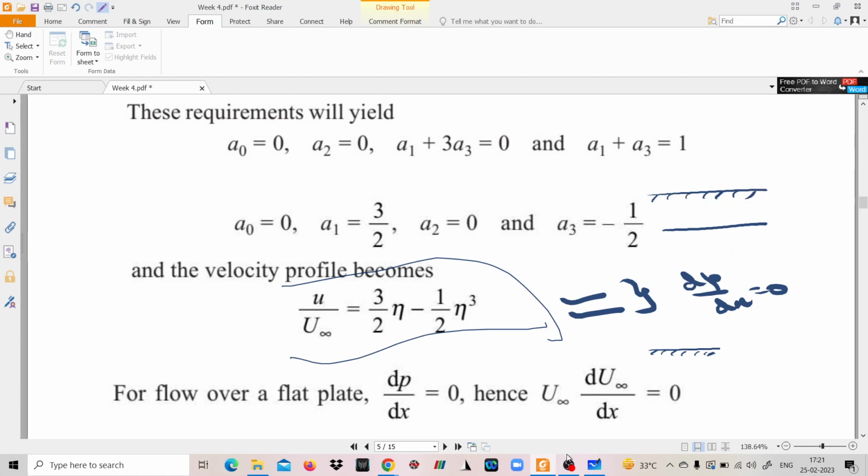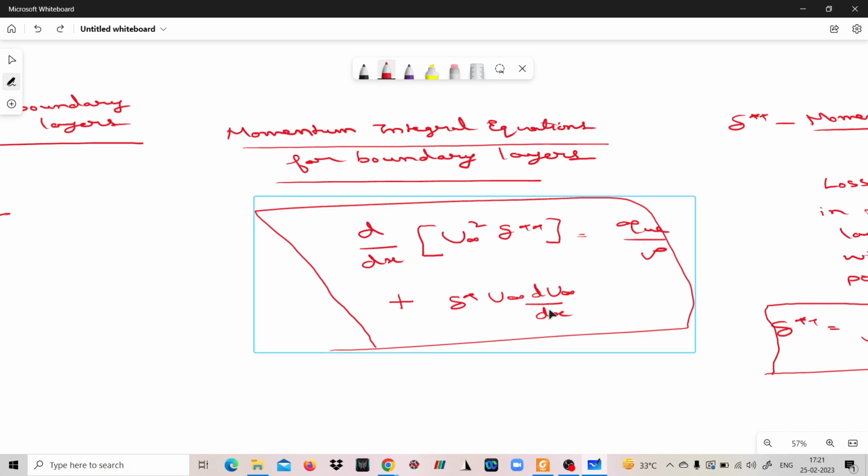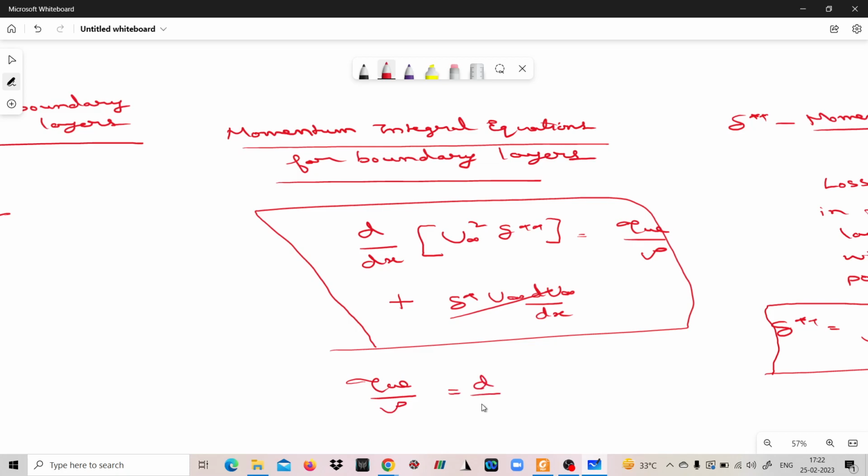So in that case, what will be the von Karman momentum integral equation? This part will disappear, and we will be left with only tau w by rho equal to d dx of u infinity square delta star star.